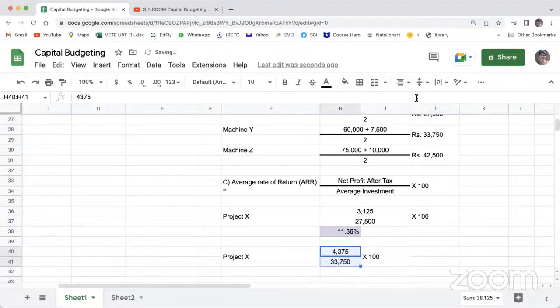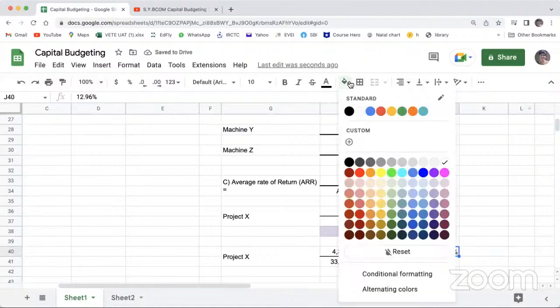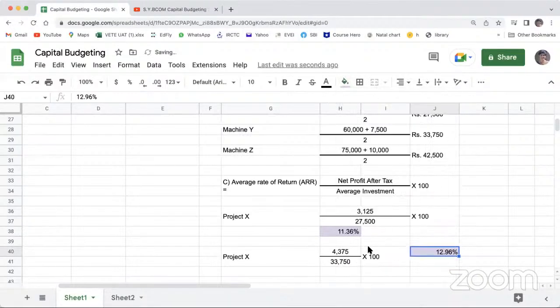How much percentage is coming? It is coming as 12.96%. Okay, good. I'm liking it that you all are getting to the calculations.